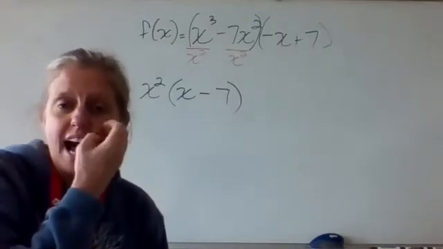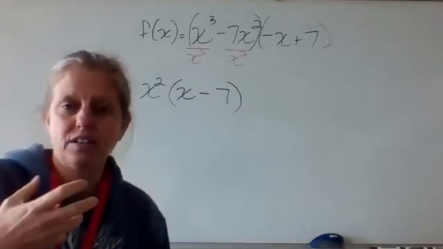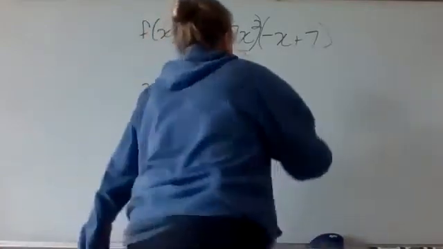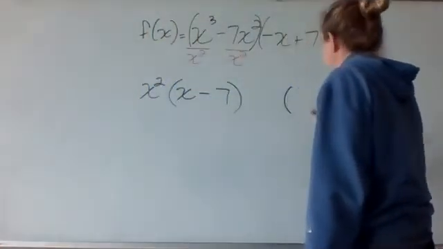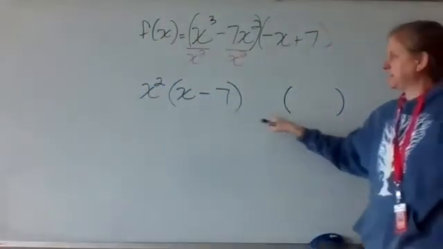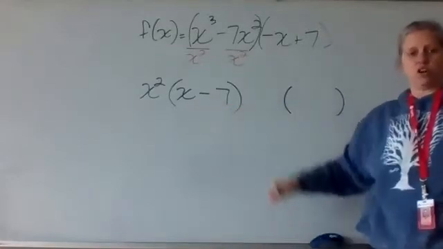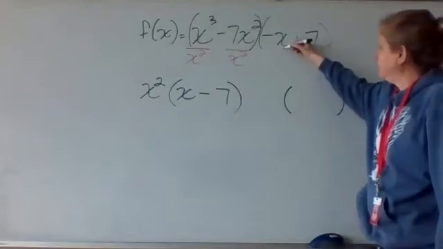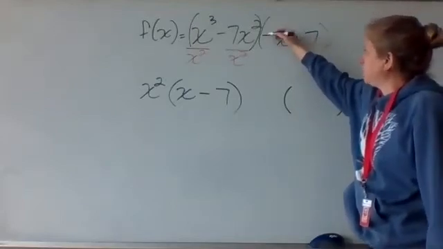So here's how you decide what you're going to pull out, because you have to pull something out. You want what's left in your second parentheses to be exactly the same as what's left in your first parentheses.